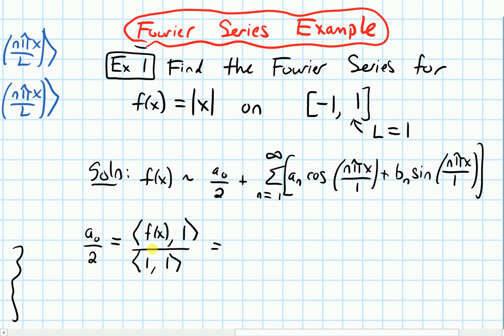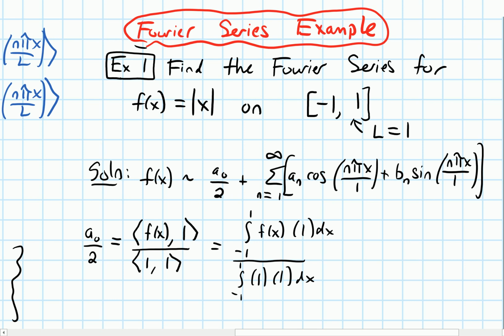So each of these is an integral. The top is the integral from -1 to +1 of f of x times 1, and the denominator is the integral from -1 to +1 of 1 times 1. Sorry, both of these need a dx.